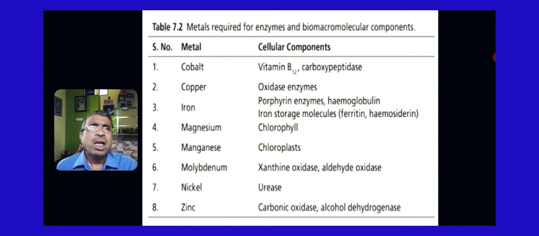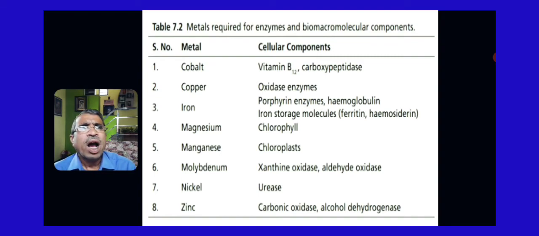So, the metal ions combine with the chelating agents and form very important components in the cell. These are all the cellular components. We know vitamin B12, which is a very important component, where you have cobalt as a metal ion inside. Even in carboxypeptidase, it is a cobalt chelate.